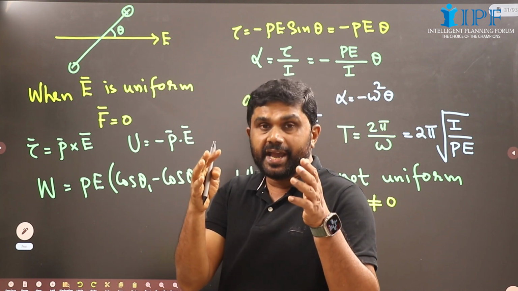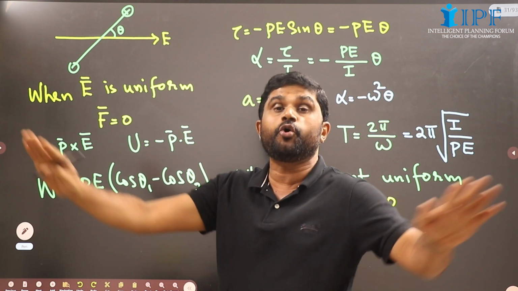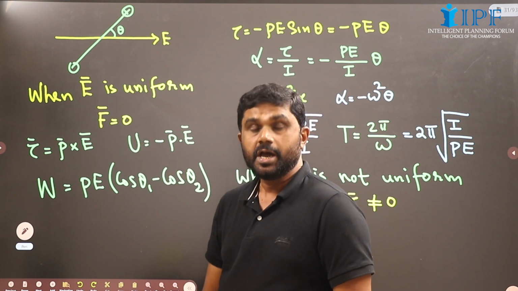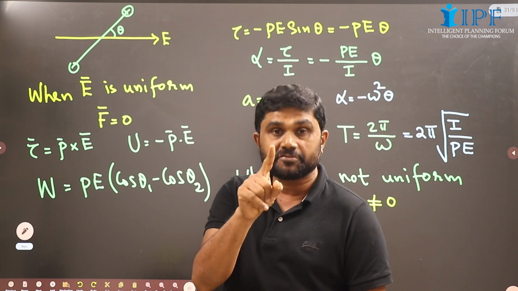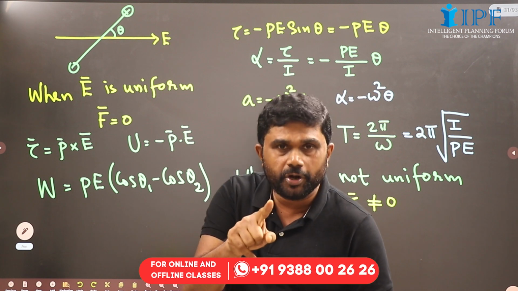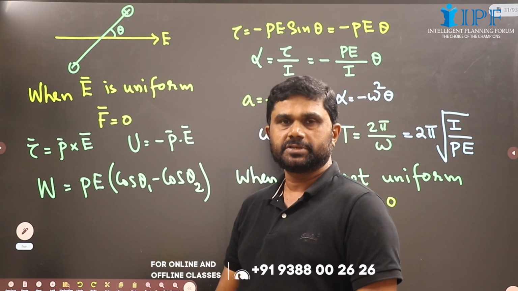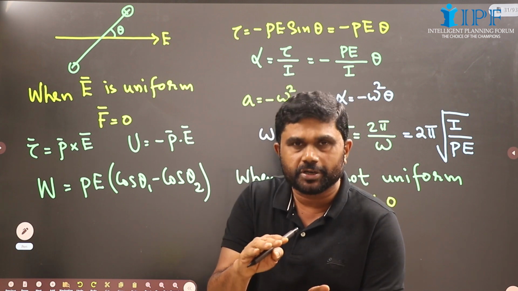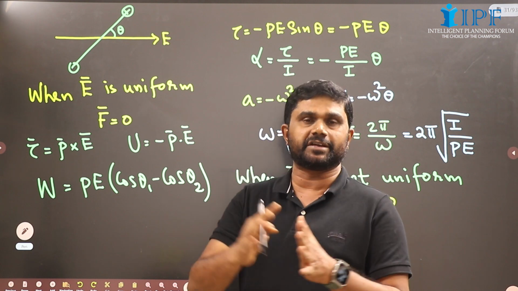Then in a uniform electric field, a dipole experiences no resultant force. The resultant force on it will be 0. But it experiences a torque, a turning effect that will tend to turn the dipole to get aligned along the direction of the field.